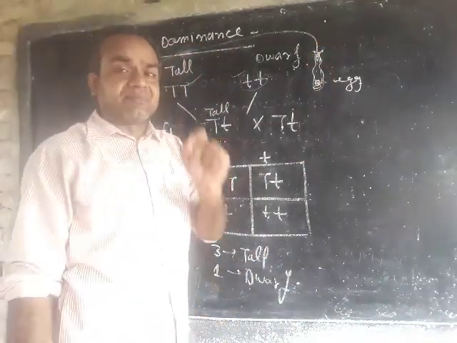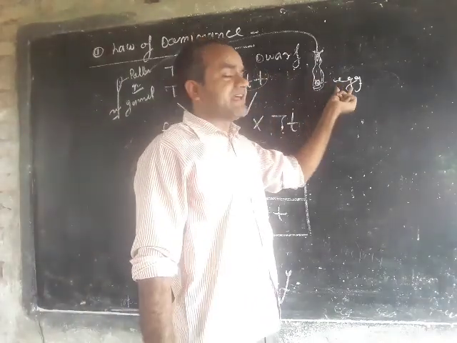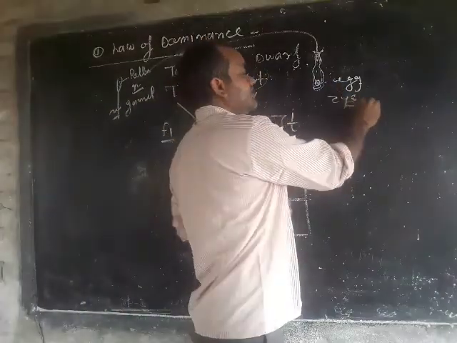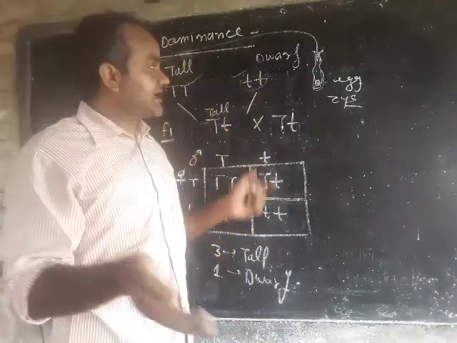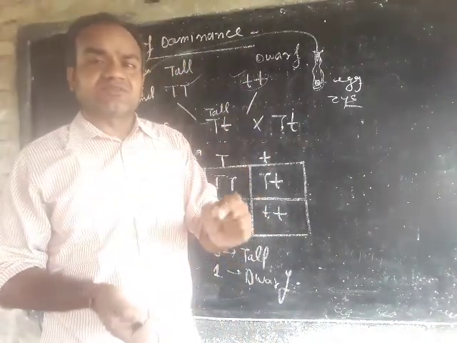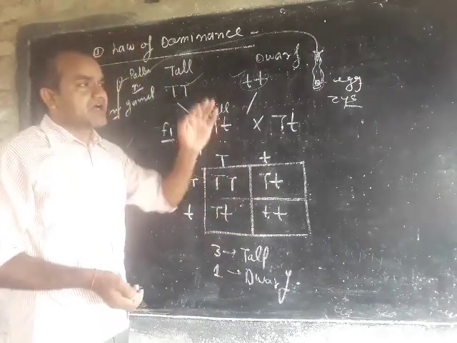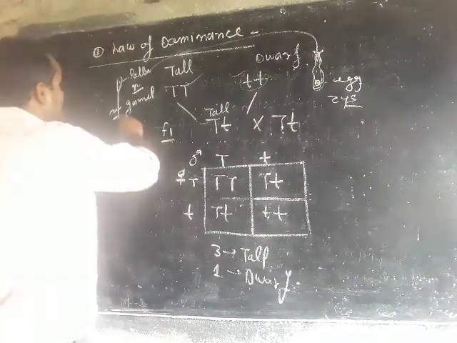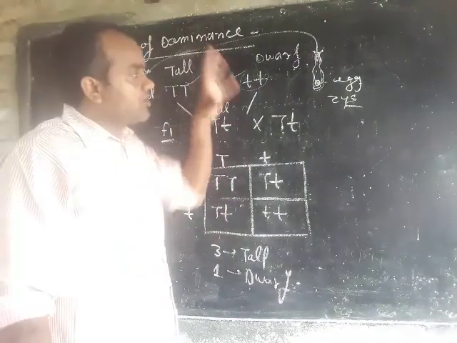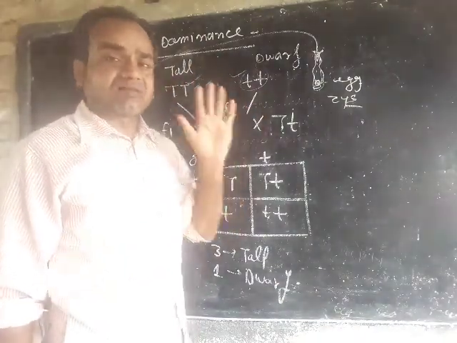The pollen tube carries the gametes, which fuse with the egg and form the zygote. The zygote develops into a seed, and the seeds are covered by a membrane and form the fruit. Then the seeds are sown on the ground and develop into a new plant. This whole process is known as a cross.